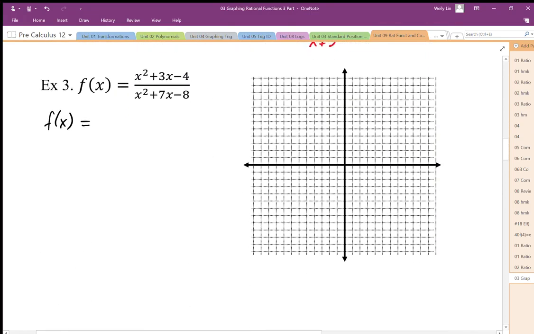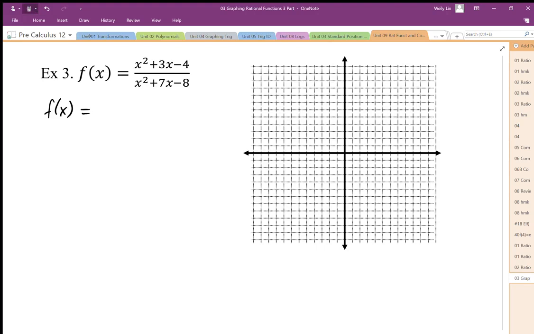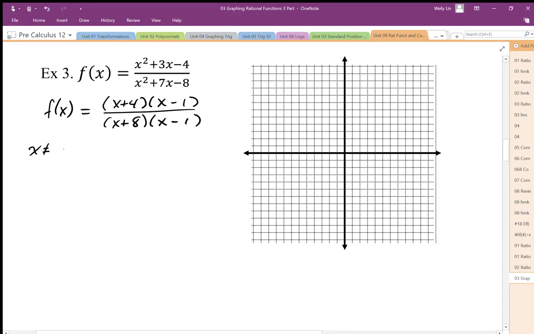So going back to this example here, we're going to factor this: x plus 4, x minus 1, over x plus 8, x minus 1. So I have restrictions: x is not equal to -8, x is not equal to 1. These cancel out.